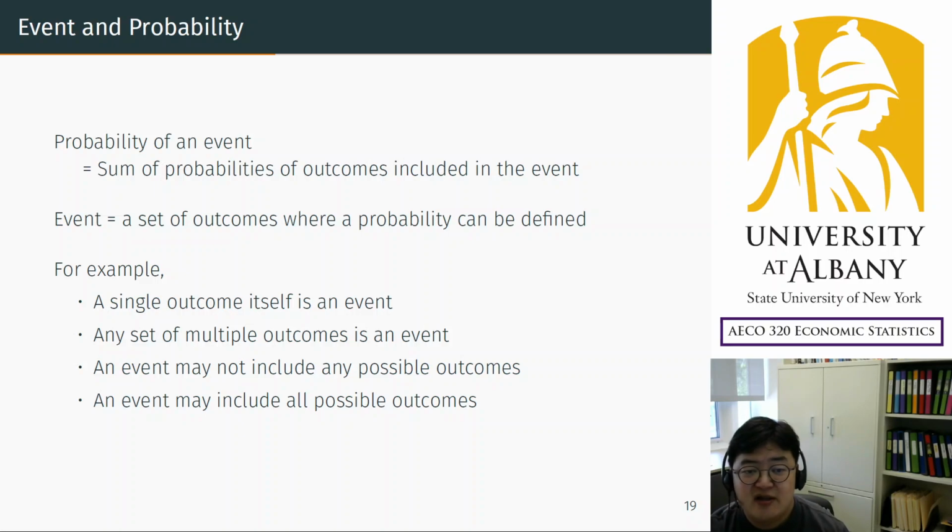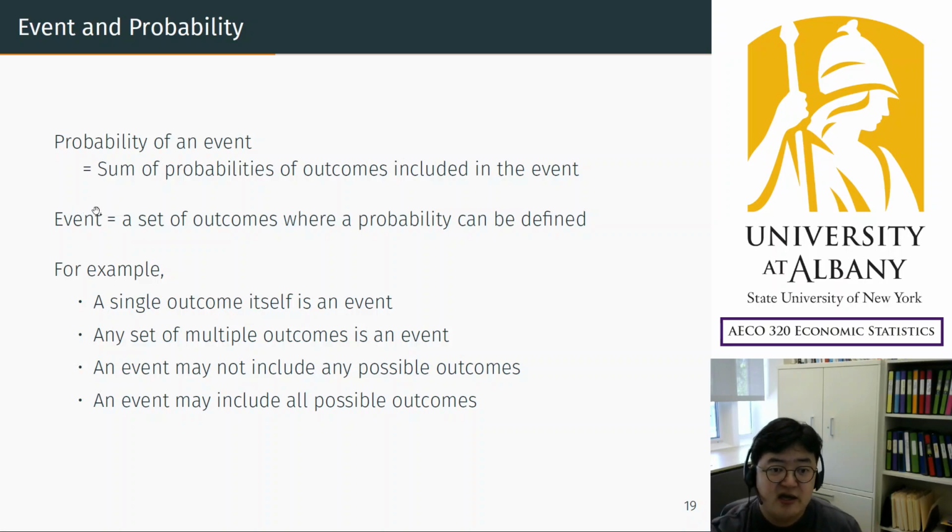You can define a probability for even numbers. I can think about the probability for 1 or 2, that's a single outcome. But you can think about the probability for an event that the outcome is smaller than 5, for example. You can define the probability.